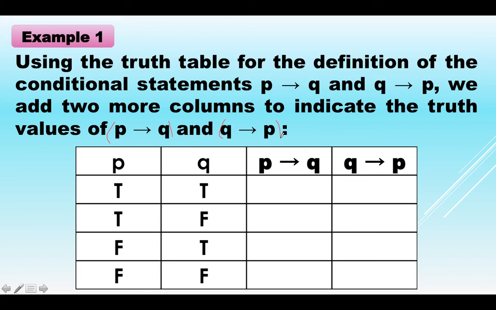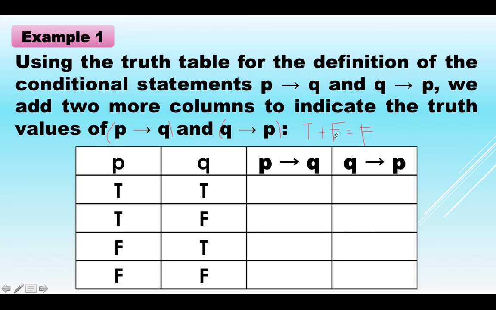Sa conditional statement, ang rule natin kanina ay TF equals F. Ibig sabihin, kahit true ang iyong hypothesis at false ang iyong conclusion, magiging false pa rin ang answer mo pagdating sa conditional. In short, lahat magiging true na basta parehong true, parehong false, or true ang kanyang conclusion.